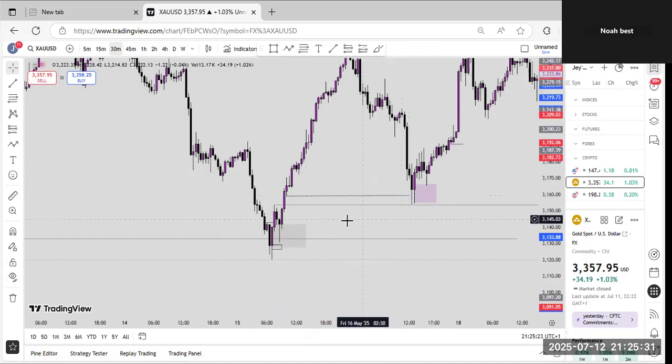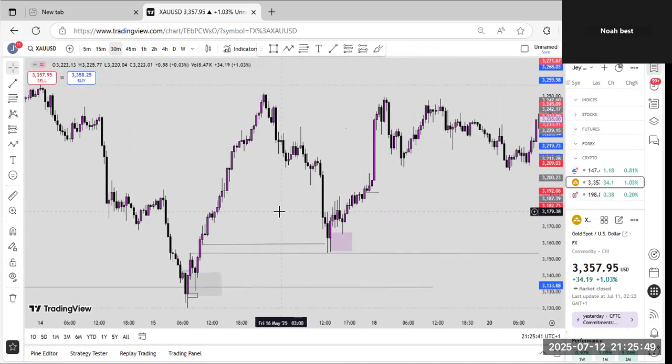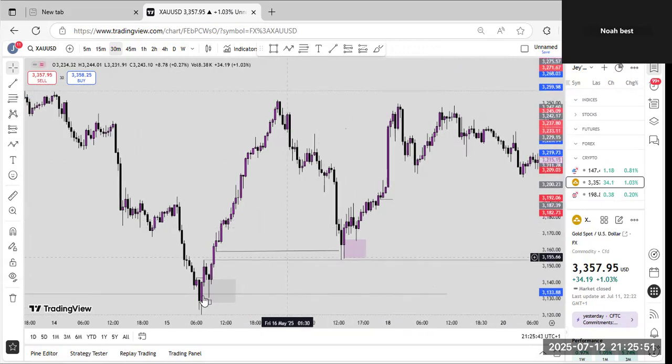You already know the reason why price didn't get to this place, because this zone is already a mitigated zone. So price only goes to places where there are still a lot of orders for it to take out and reverse to where it actually wants to go. That's why price didn't get to this zone again. It's a mitigated zone.